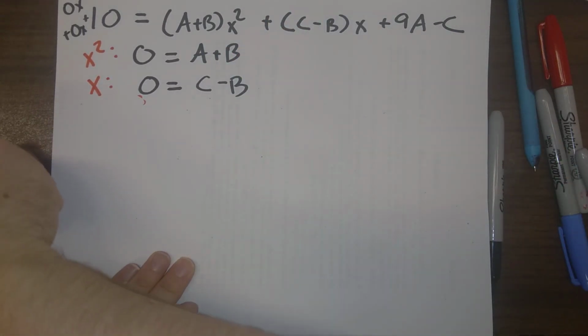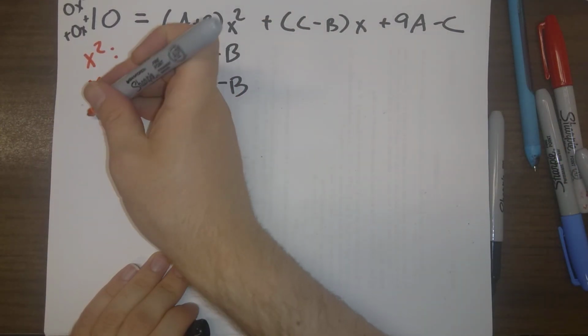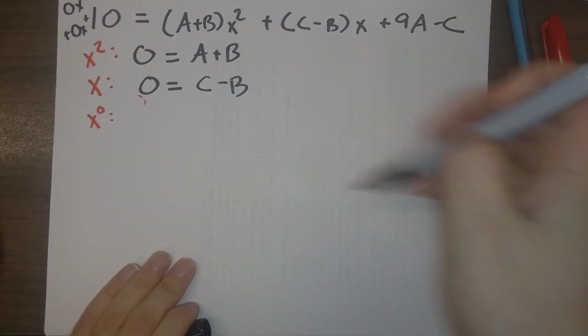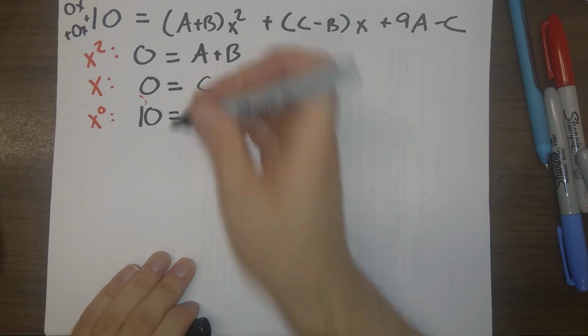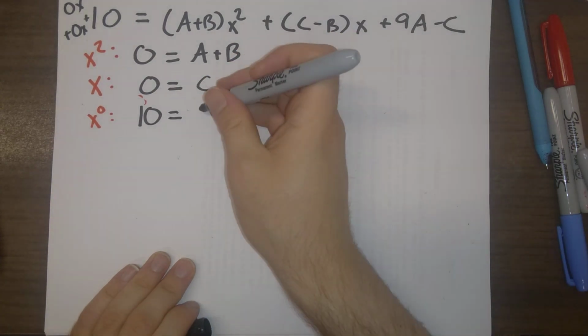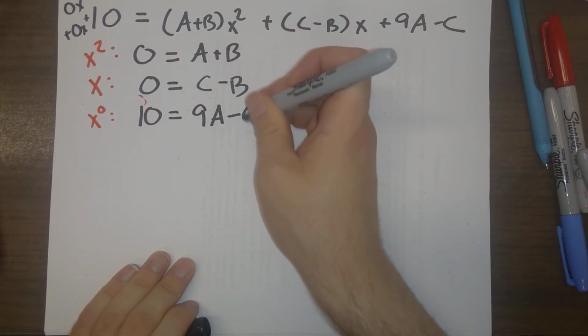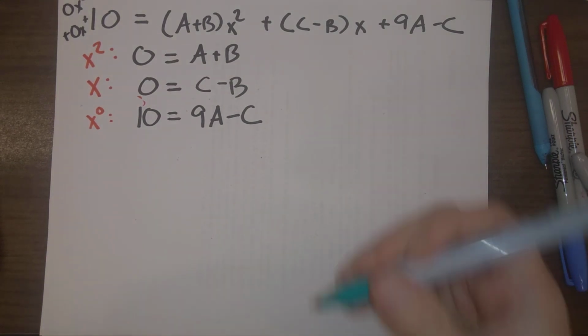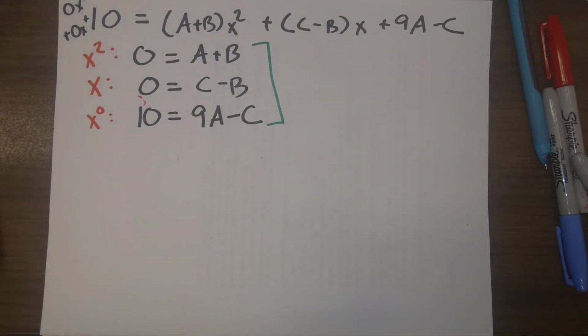And for the constant term, x to the 0, we have 10 on the left, and on the right we have 9a minus c. So now we have this system of equations that we want to solve for a, b, and c.